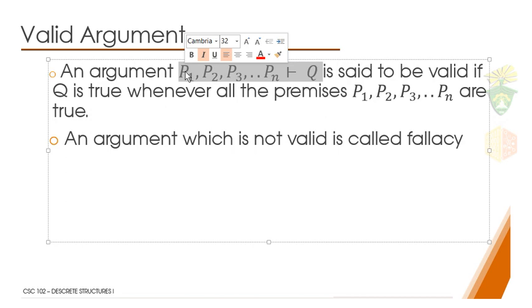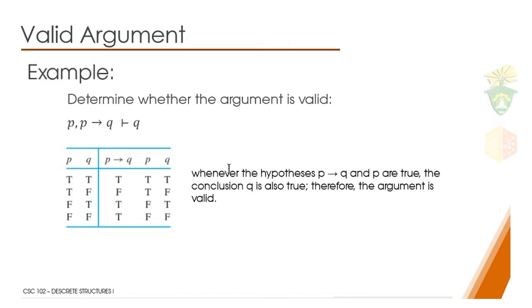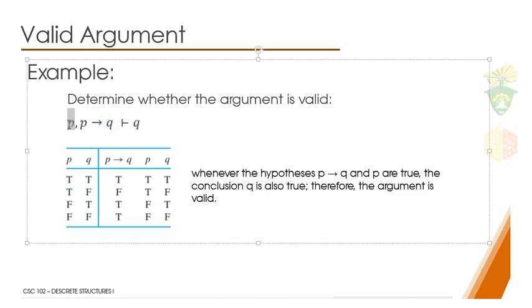Okay, so you might be confused. So here is an example. Let's consider this argument and see if this is a valid argument or not. It says here that we have the proposition P, and also the proposition if P then Q. So it concludes Q. We can actually read the comma as "and".